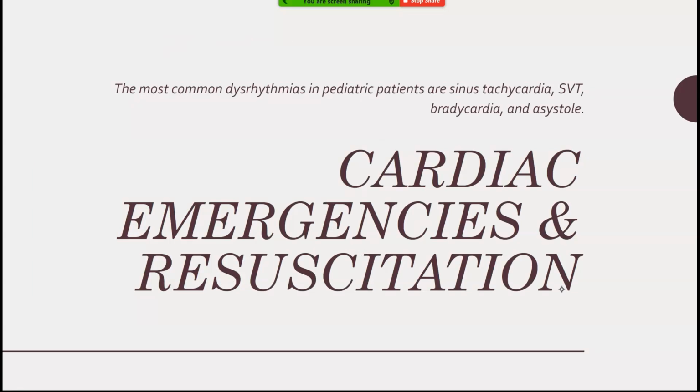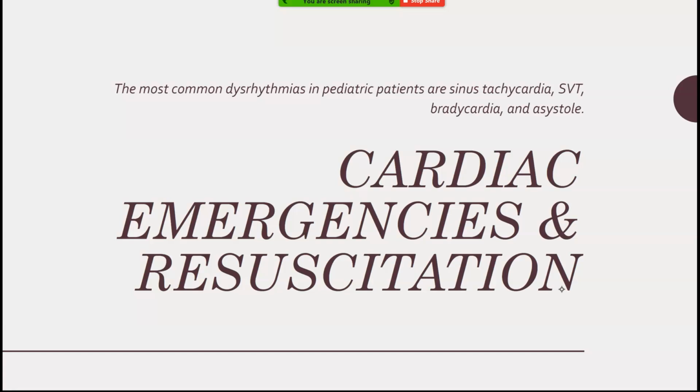Common dysrhythmias in pediatrics, sinus tachycardia, right? And remember, sinus tachycardia for pediatrics has different ranges than for adults, right? Because our vital signs change as our heart develops and becomes stronger. So sinus tachycardia is not over 100 in children, it's over 120-ish, sometimes over 150 depending on the age, okay, right?